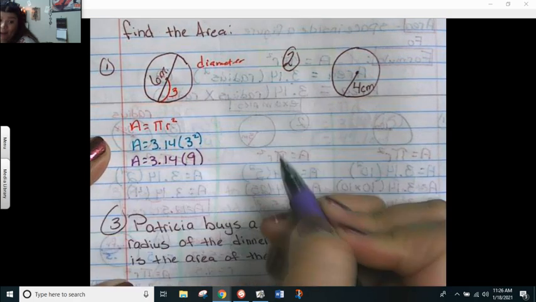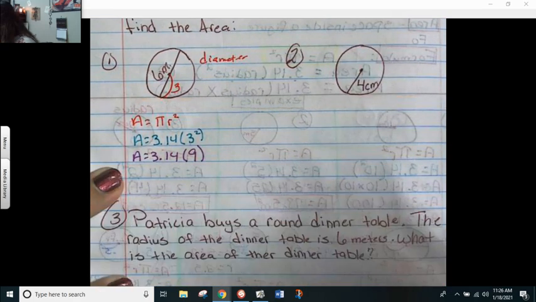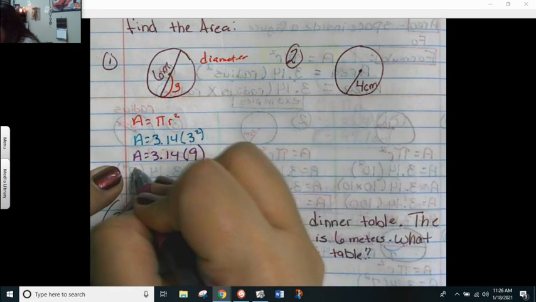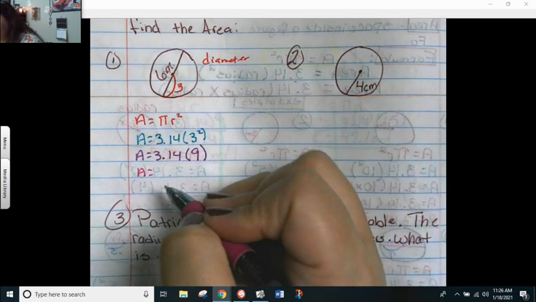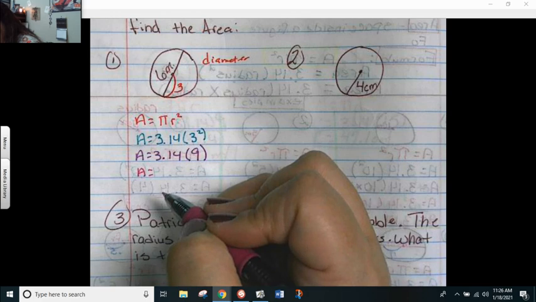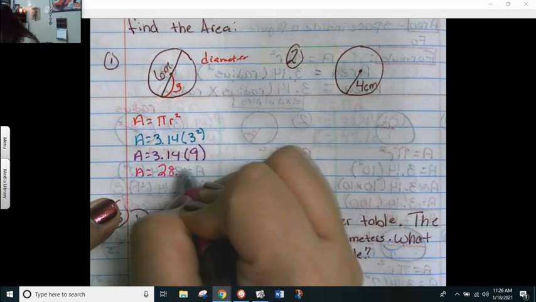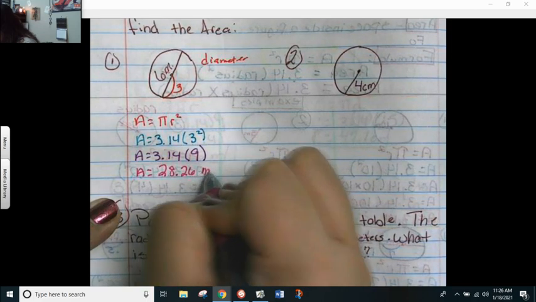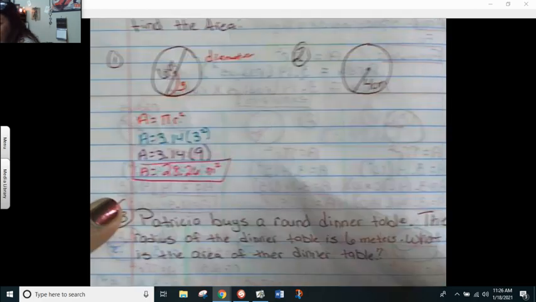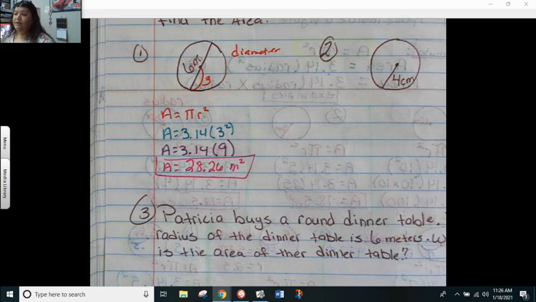It is 9. So check that. Okay. And then 3.14 times 9, just to make sure I get it right, is 28.26 meters squared. Okay, so check that one.